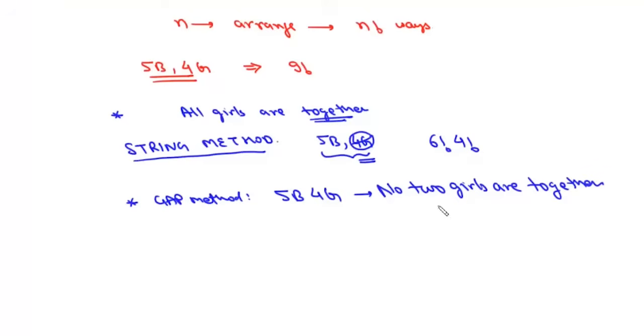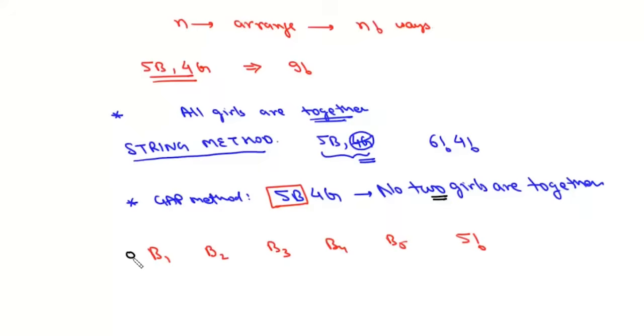Now when we say no 2 girls are together, we'll arrange all of the things. So first we'll arrange 5 boys, and 5 boys can be arranged in factorial 5 ways. So suppose we have arranged them as B1, B2, B3, B4 and B5. Now since we need to separate girls, that means in between any 2 girls, there should be at least 1 boy.